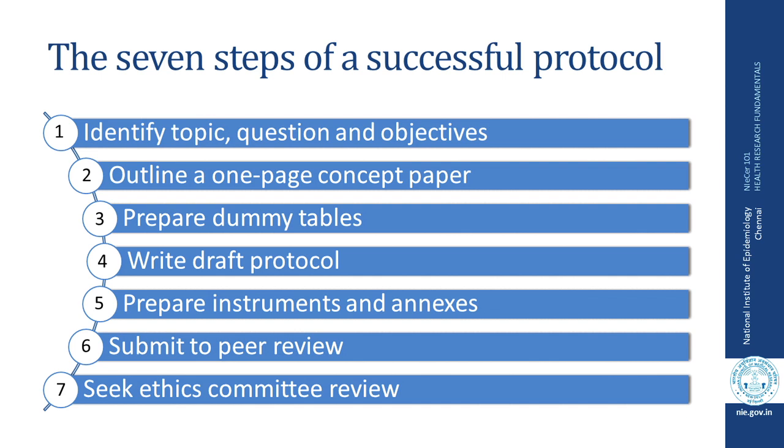The steps include identifying research topic, framing research question and objectives, and then moving on to outlining a one-page concept paper, preparing dummy tables as per the analysis plan, writing a detailed draft protocol, preparing instruments and annexes including information sheet, consent form and other things related to the study protocol, submit this to a competent peer review committee, and finally seek review by an ethics committee.